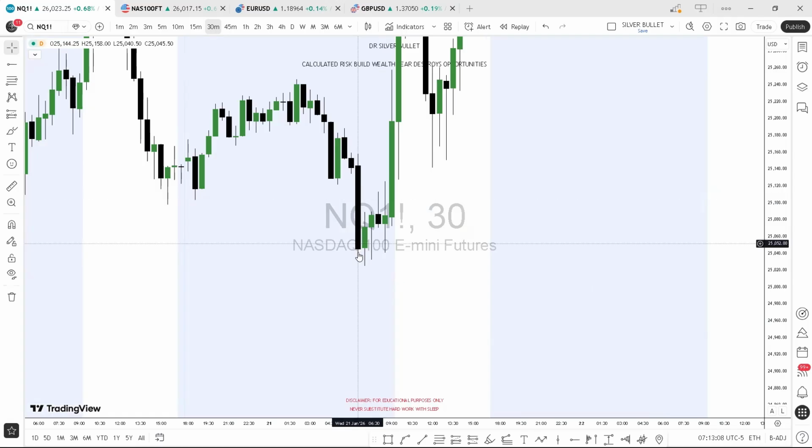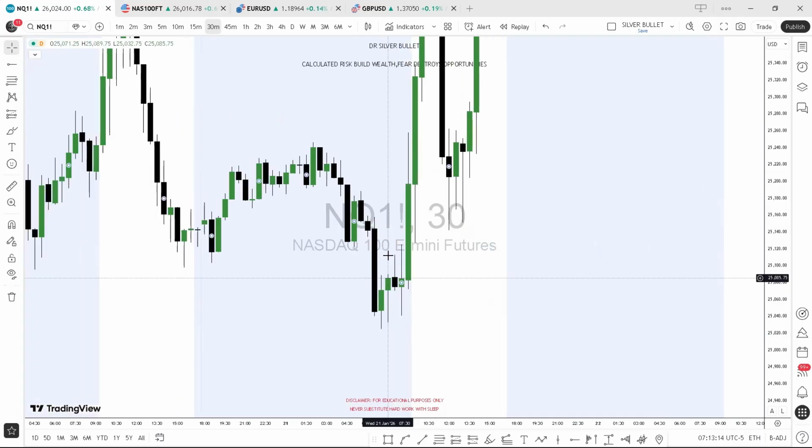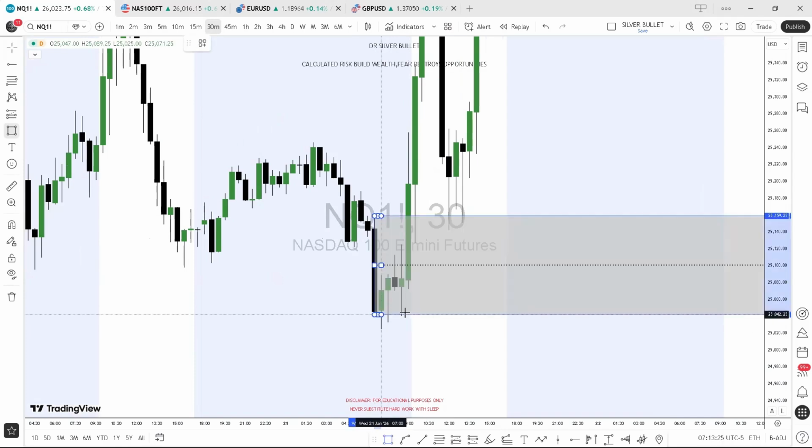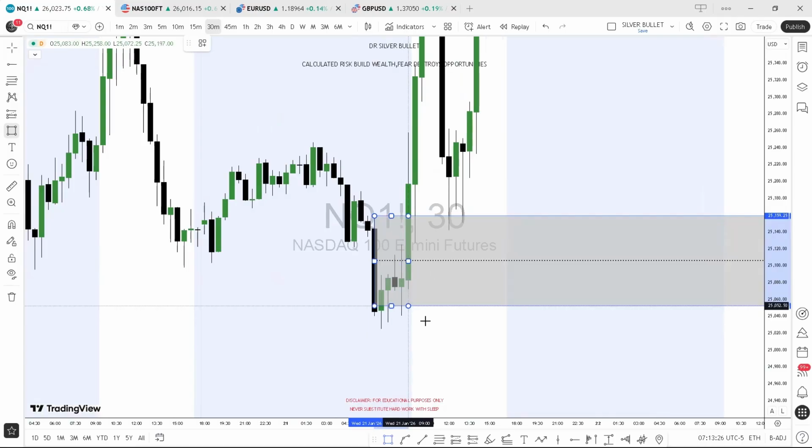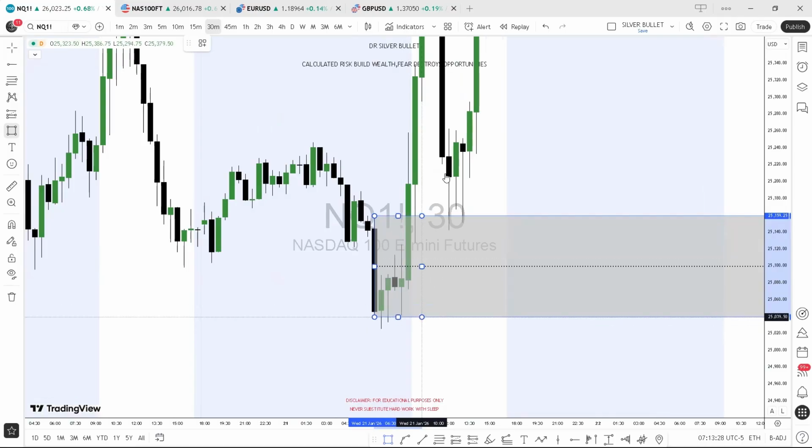This candle is the last down close candle in this up move. As you can see here, it closes below this one, this one, this one, this one, and this one. Then the market came back to it here and it went up. And it also came back to it here and it went up.